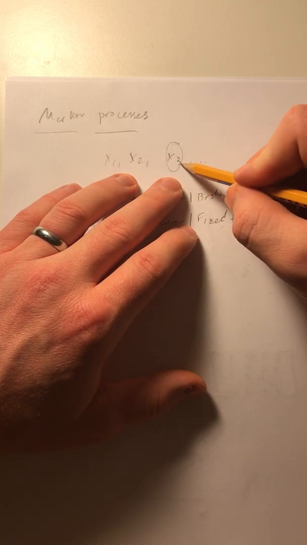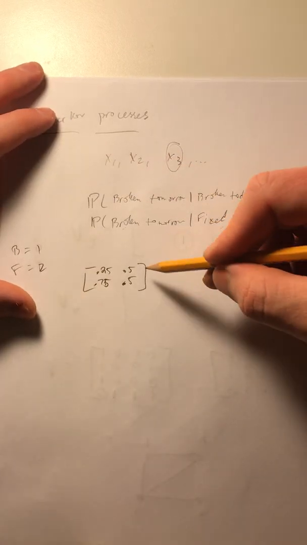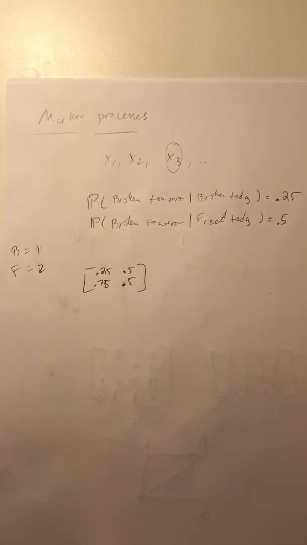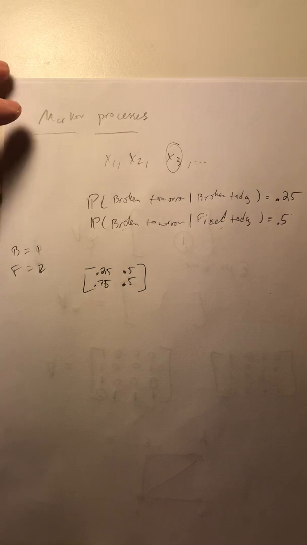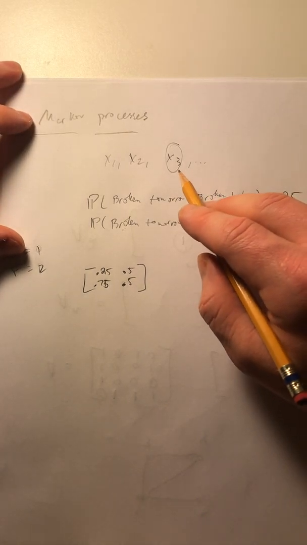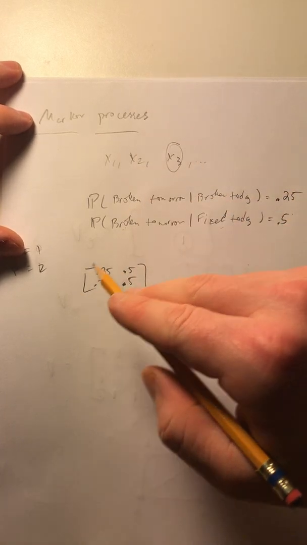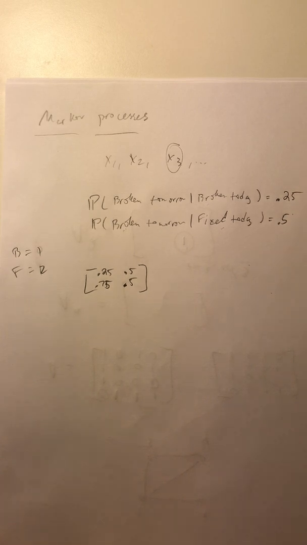So if I know what's happening today, I have a probability distribution for what's going to happen tomorrow, and it would not help me to know what happened yesterday. Right? So if I know what happened today, then I have my probability distribution for tomorrow, and additional information about yesterday would not help me. That's the essence of a Markov process.